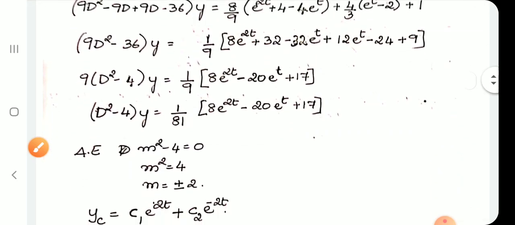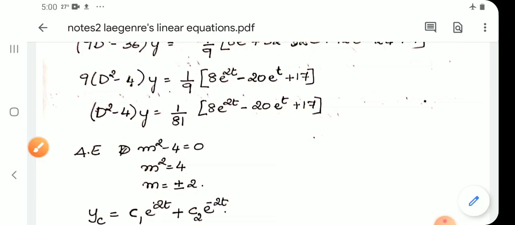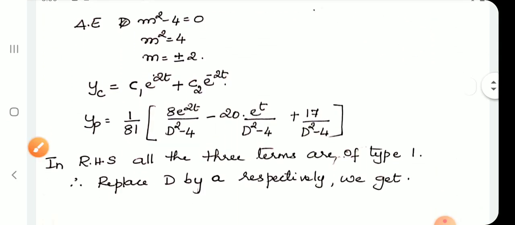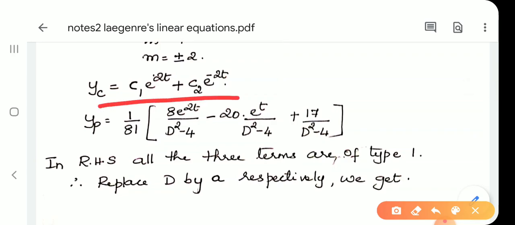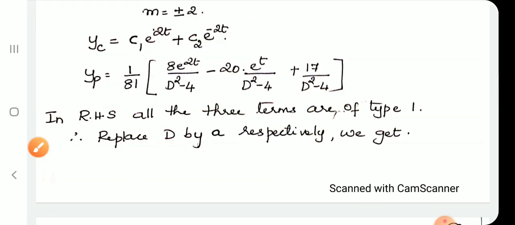Now we have got an equation with constant coefficients. Take the left hand side and write the auxiliary equation as m² − 4 = 0. Hence the roots are ±2. So we write the complementary solution as c1 e^(2t) + c2 e^(−2t). Now take the right hand side and find the particular integral.